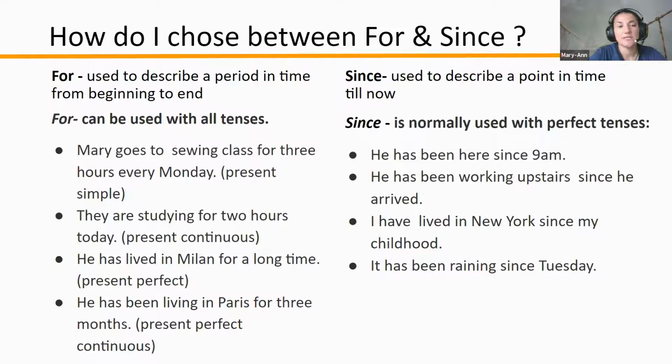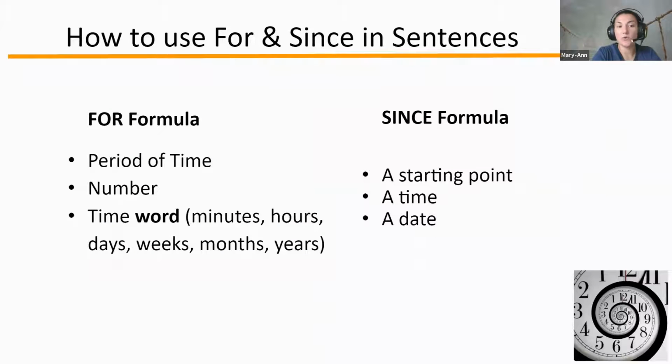So if we look at what we use with for and since, for is essentially a period of time, a number, and a time word. So 10 minutes, 2 hours, 16 days, 3 weeks. It's very limited.